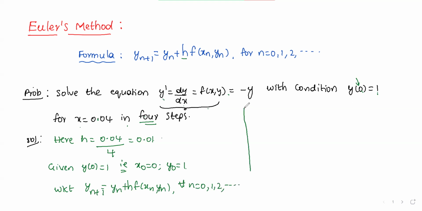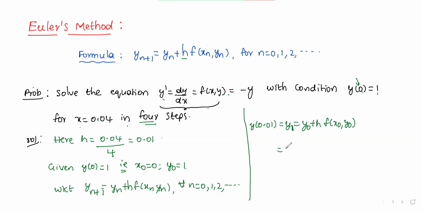Now y of 0.01. We have to solve for 4 steps. Y of 0.01 is the first approximation y1. Put n is equal to 0, we get the first approximation: y naught plus h into f of x naught comma y naught.